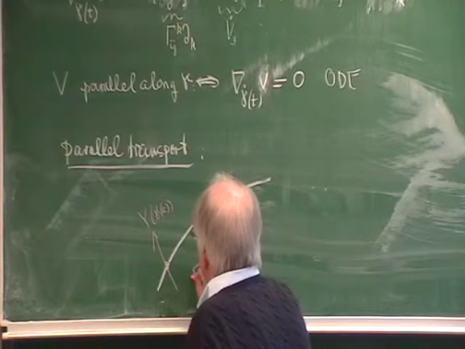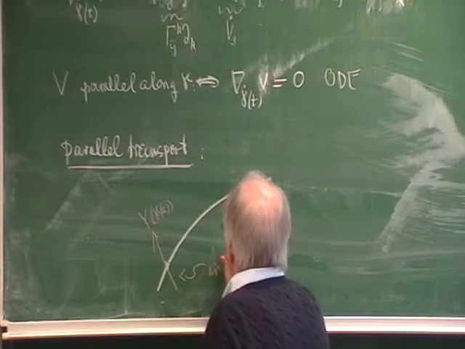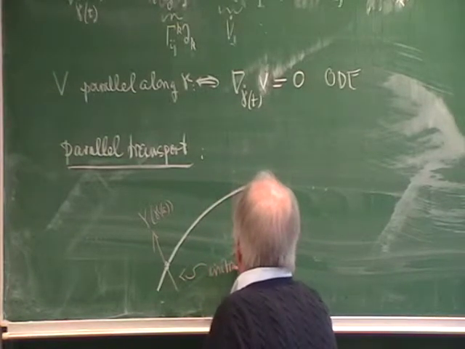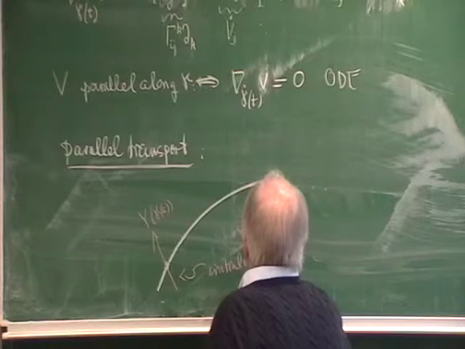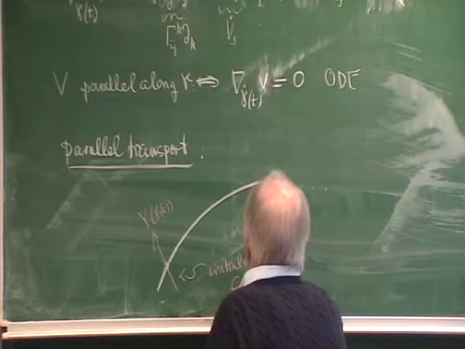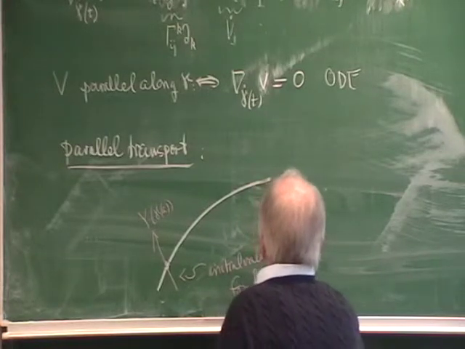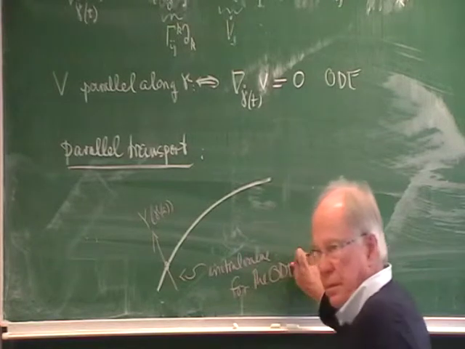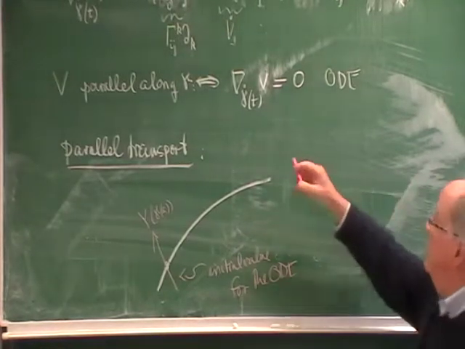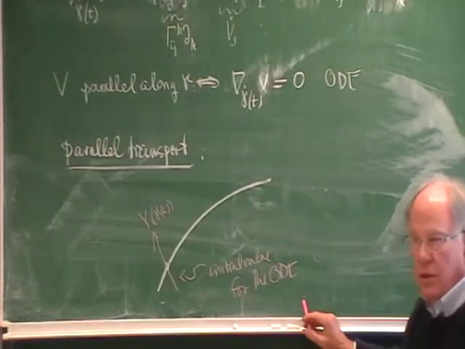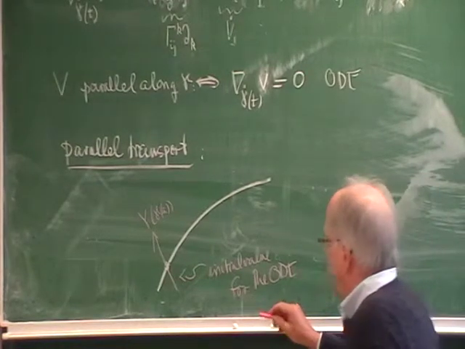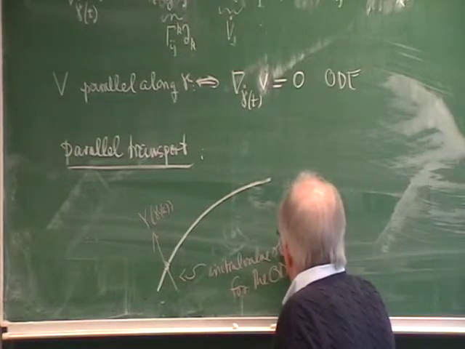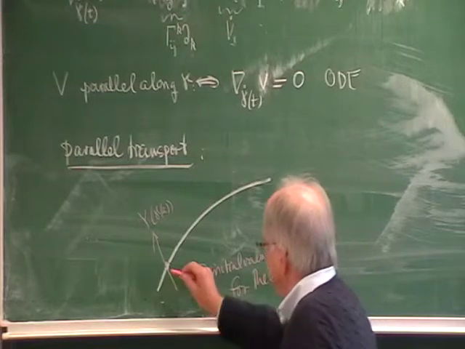So this is the initial value for the ODE. So what does it mean? What's the ODE? Well, the initial value of y, and this is the initial point.